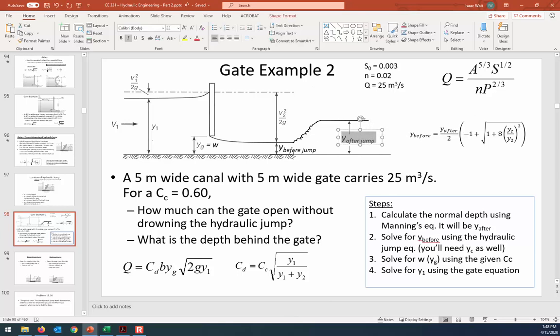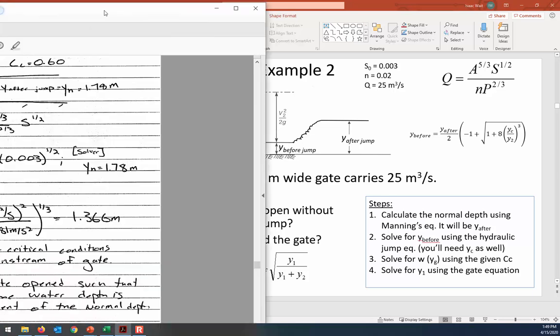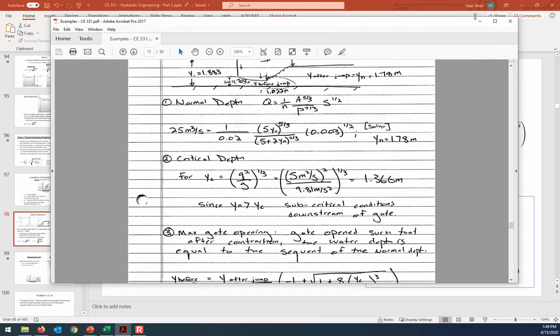Then we get the depth before the jump using the Bellinger momentum equation. Then we find how high the gate is opened with the coefficient of contraction, and finally the relationship that describes the flow rate and the depth of flow upstream of the gate is this flow rate equation. So here are the calculations.